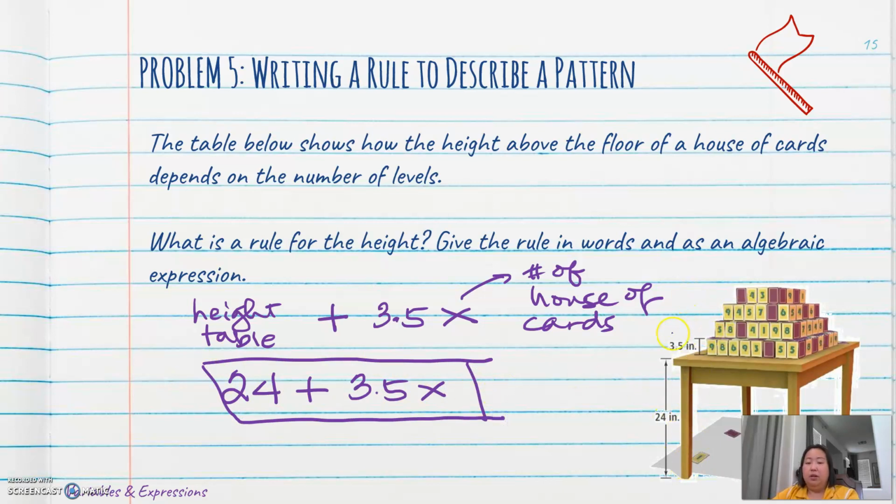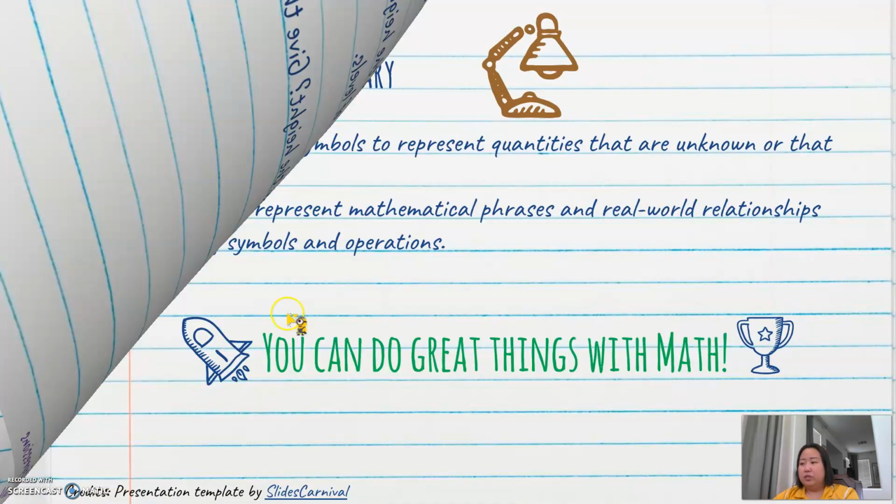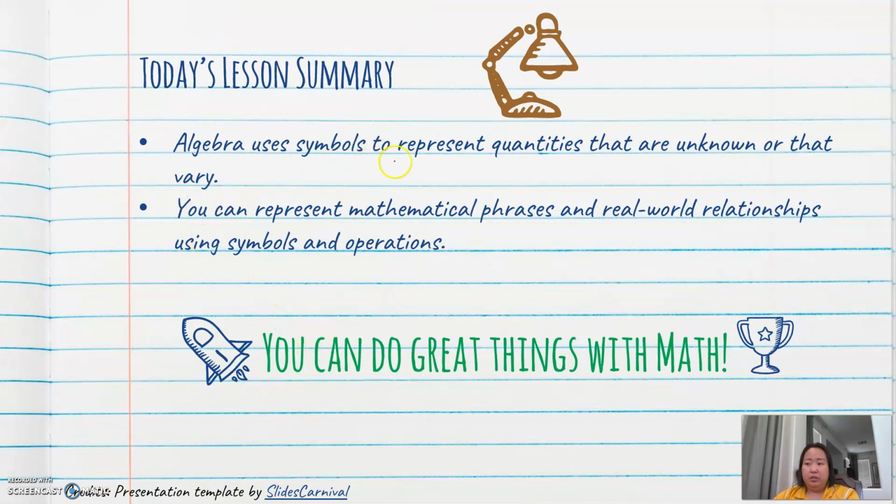In words, you can simply write it as 24 plus the product of 3.5 and x. To summarize, algebra uses symbols to represent quantities that are unknown or that can vary. You can also represent mathematical phrases and real-world relationships using symbols and operations. Thank you.